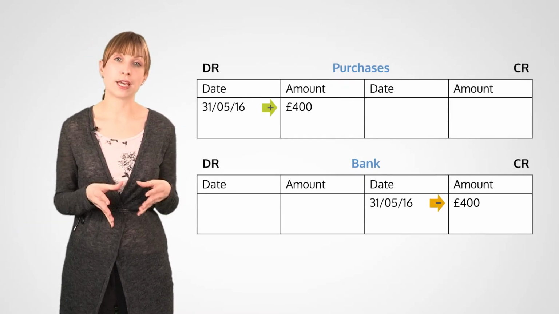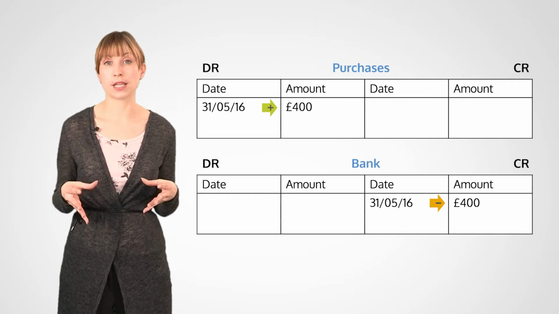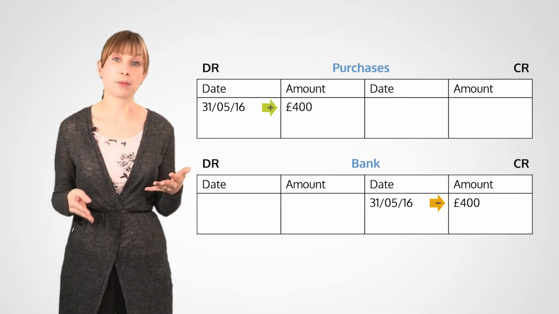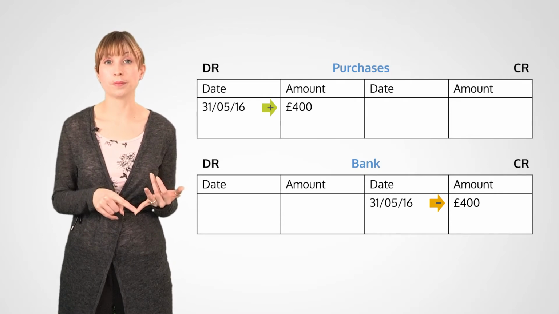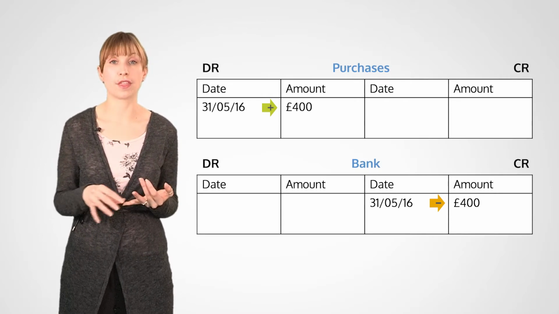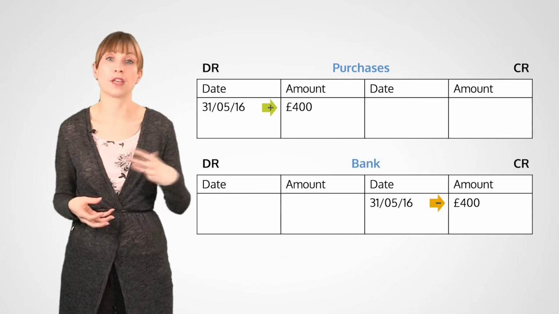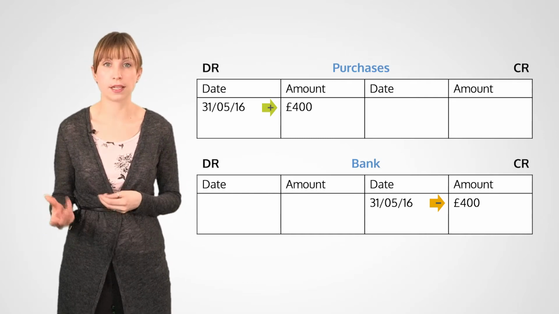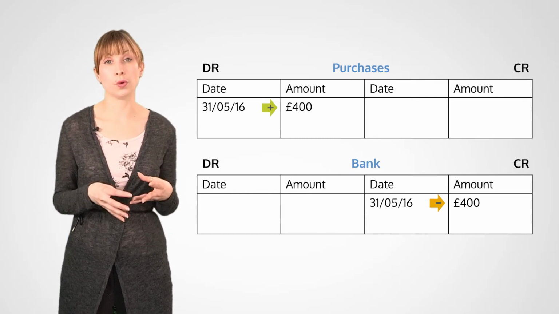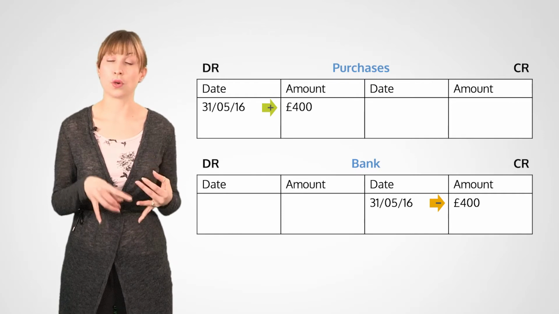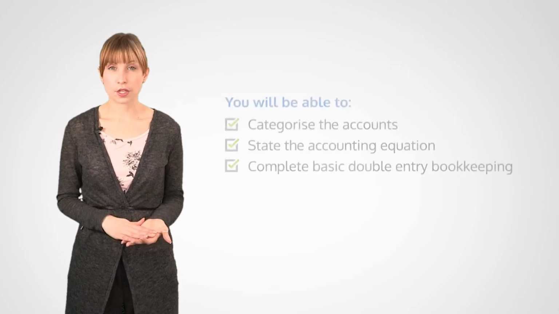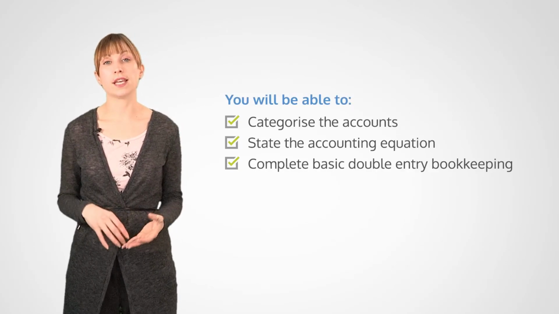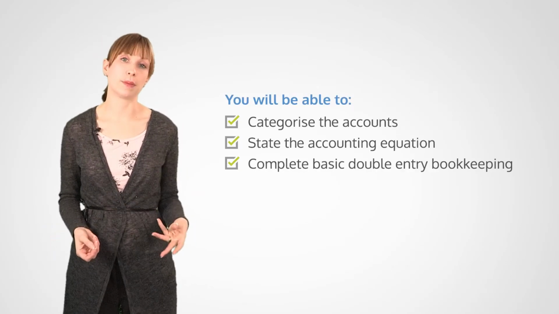So every time a financial transaction takes place, you need to be able to work out which accounts it has impacted on, what type of account are they? So are they an asset? Are they a liability? Are they an expense? And then using PEARLs, you can work out, am I going to debit it or am I going to credit it? So we've taken a look at categorising the accounts. So is it an asset? Is it a liability?